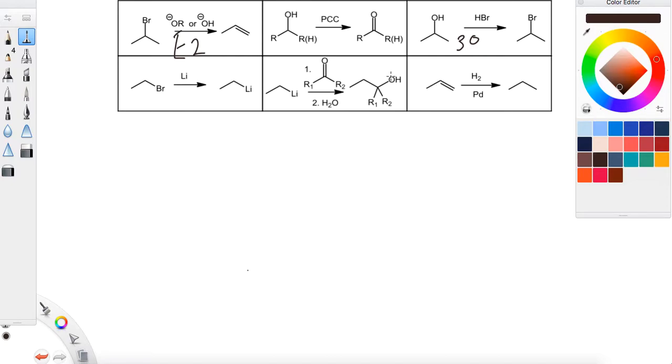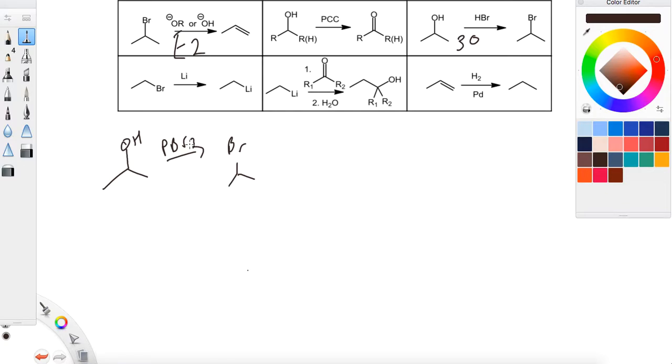When we're talking about primary and secondary carbons, you learned an alternative method, which was PBr3. For those of you that may not remember, PBr3 is just when we go from OH to Br. However, it avoids shifting, which is what HBr does. We learned that back in carbocations and reactions.